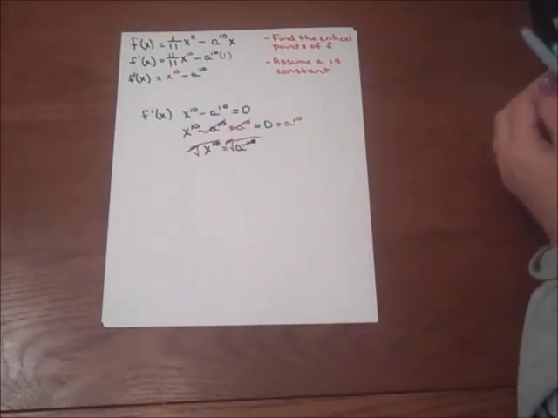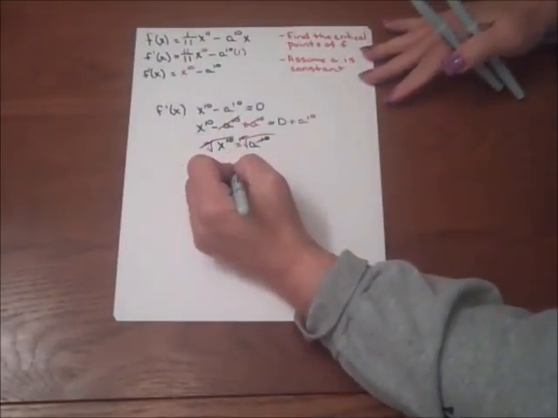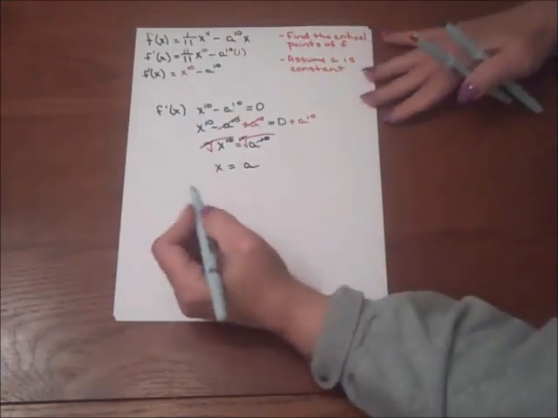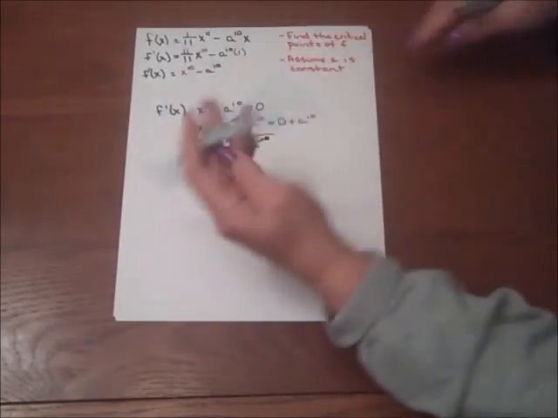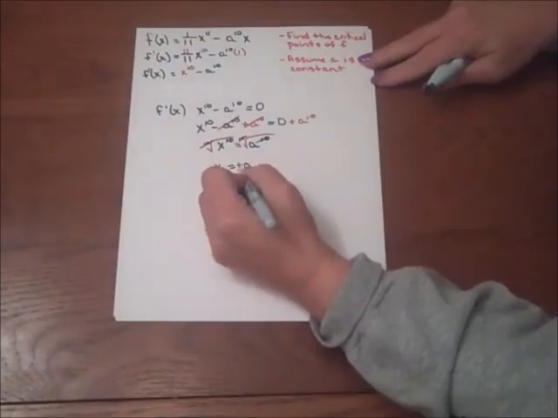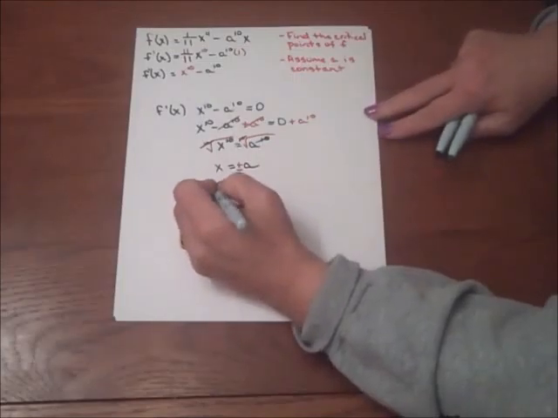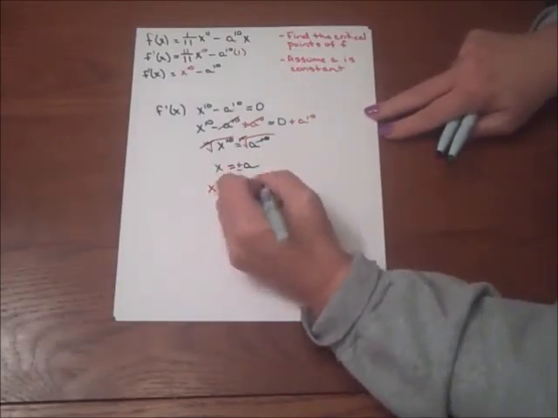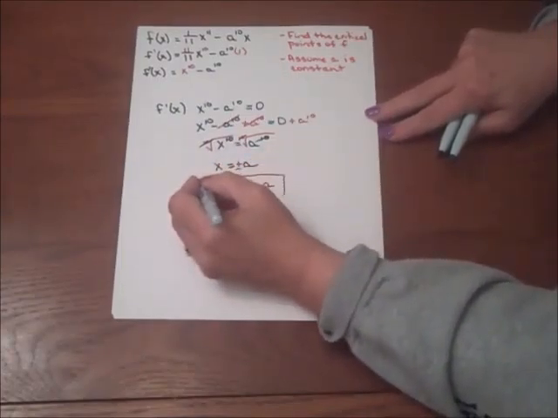Those cancel out, and we end up with x equals a. Now, that is right, except that we've used the root sign up here, and anytime you do that, you have to have a positive or a negative. So our critical points are x equals negative a and a. Those are our critical points.